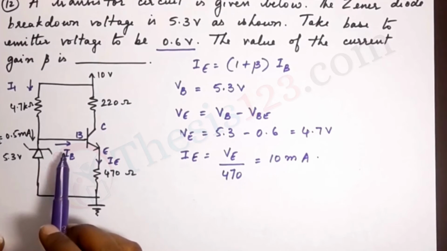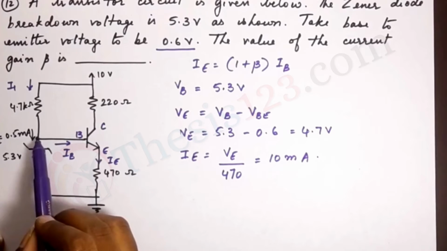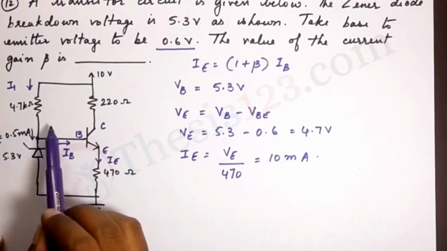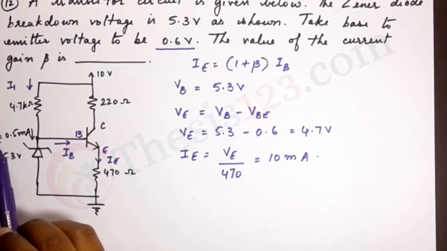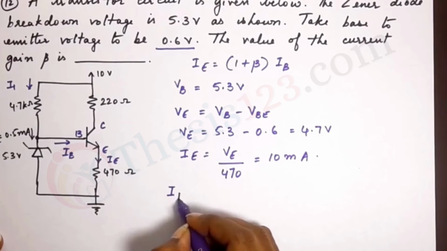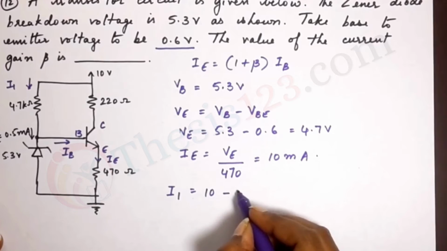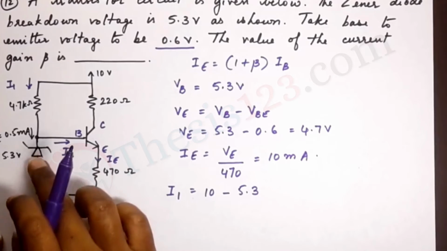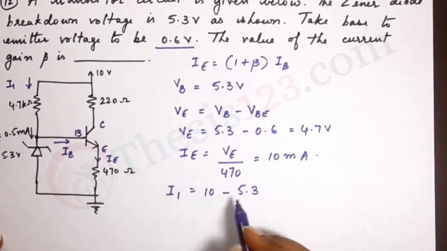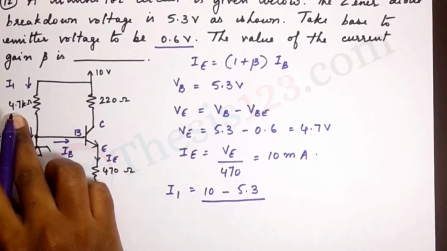Next we need IB. So in order to find IB, we need to know what I1 is. So we can use this node over here. In order to find IB, we can use KCL at this node. So we know what I2 already is. Now we need I1. So I1 is equal to 10 minus 5.3, the difference between the voltages divided by the resistance in that branch.